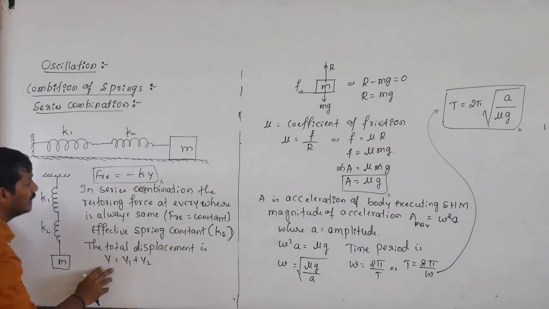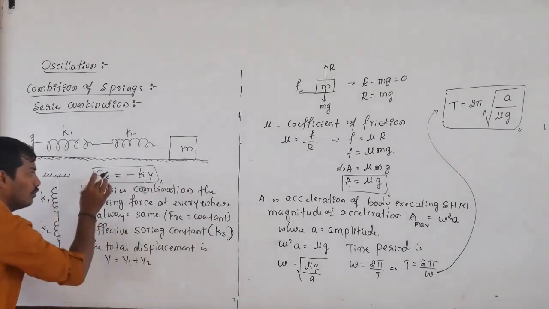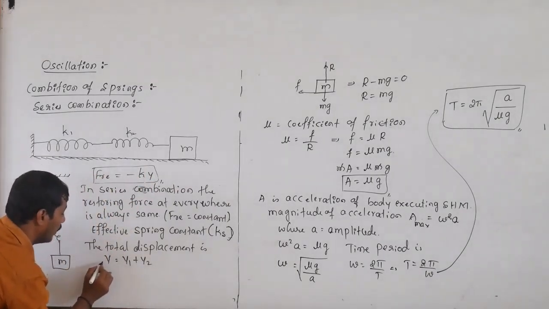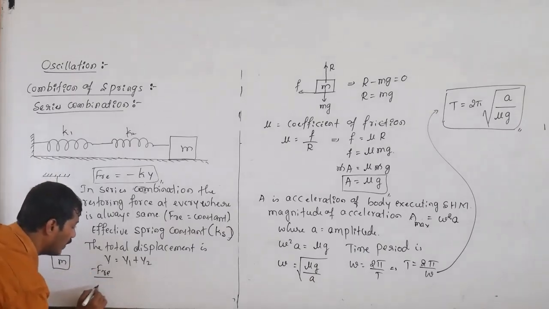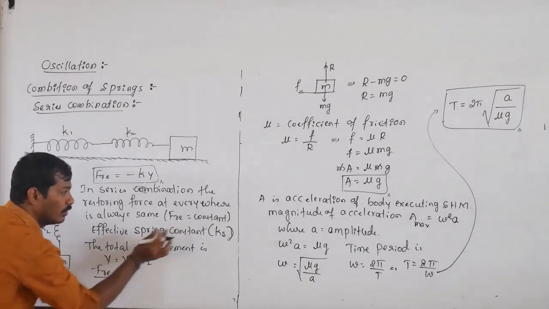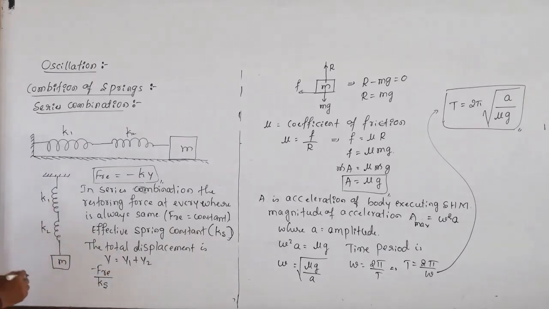Next, using this equation, I will directly write that the restoring force is constant here. y is equal to the restoring force with the minus sign divided by the effective spring constant Ks.